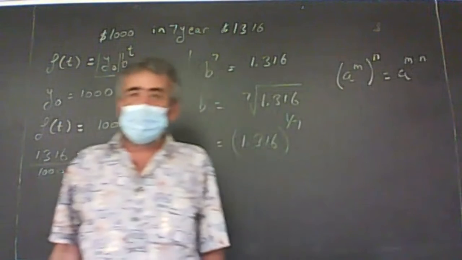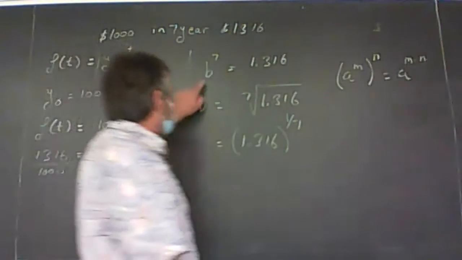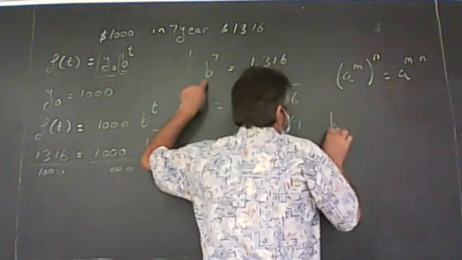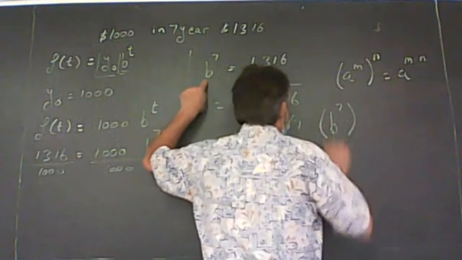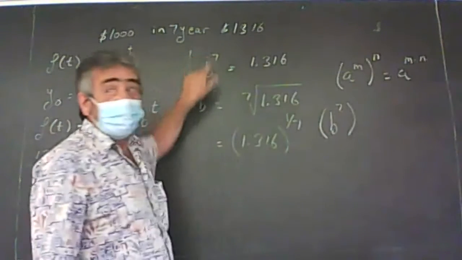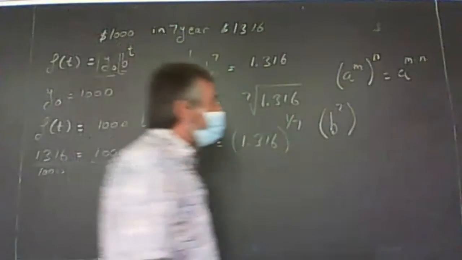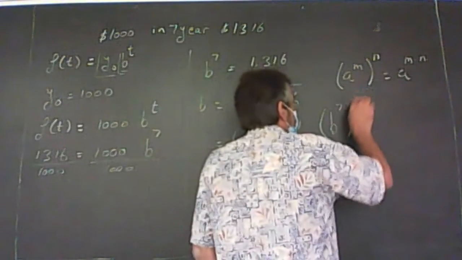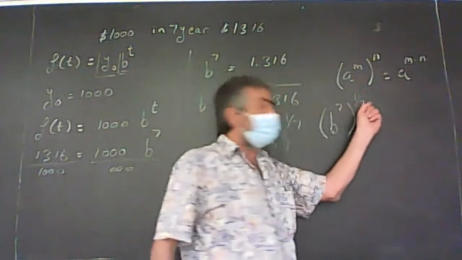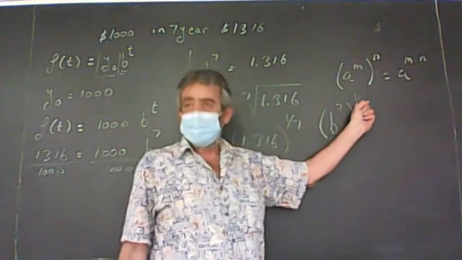Remember that? Now, I don't want b to the power 7. I want to make the exponent simply 1. So what do I raise it to?